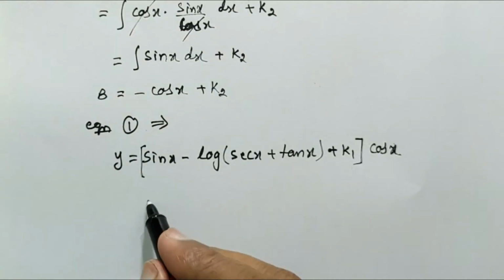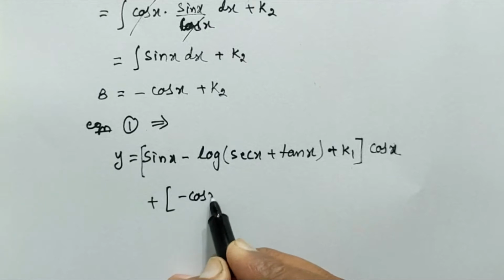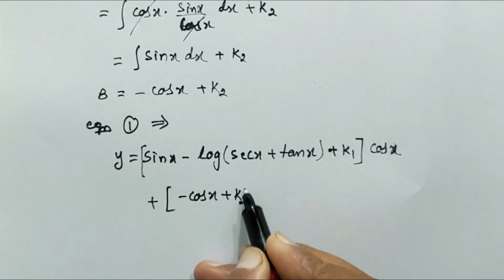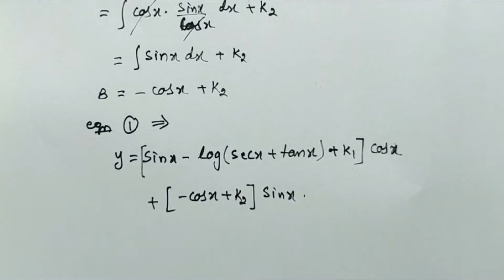Then you have plus b. The b value is minus cos of x plus k2, b times sine of x.